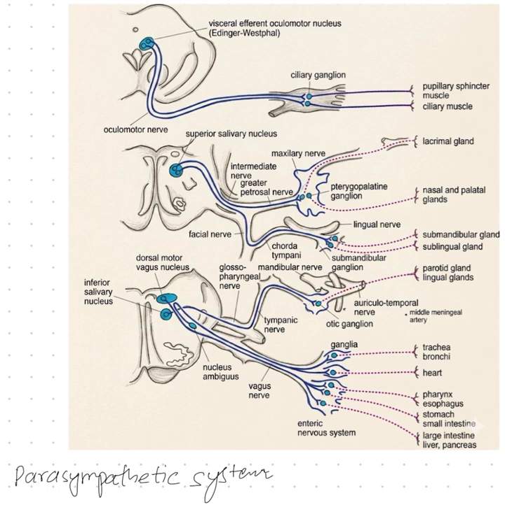The functions include reduced heart rate, because this is parasympathetic, bronchoconstriction, increased gastrointestinal motility, and increased gastrointestinal secretion. So it will increase secretions and decrease heart rate. These are the functions. This is all about the cranial parasympathetic nervous system.